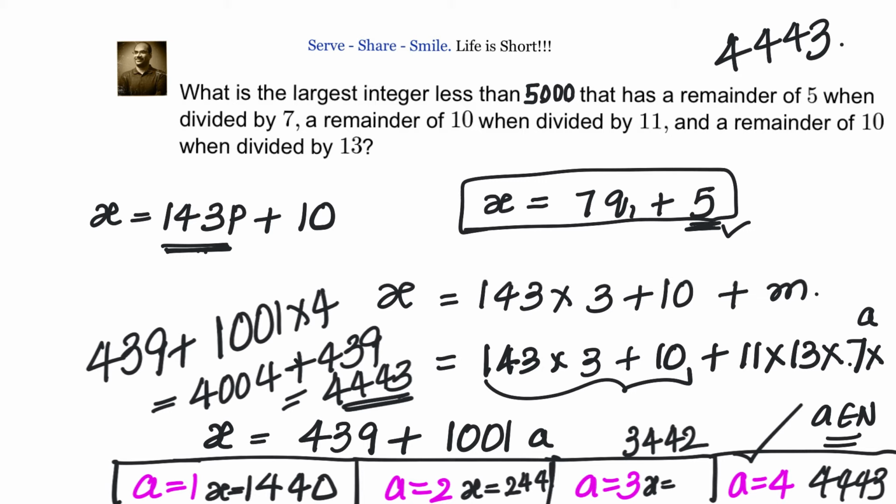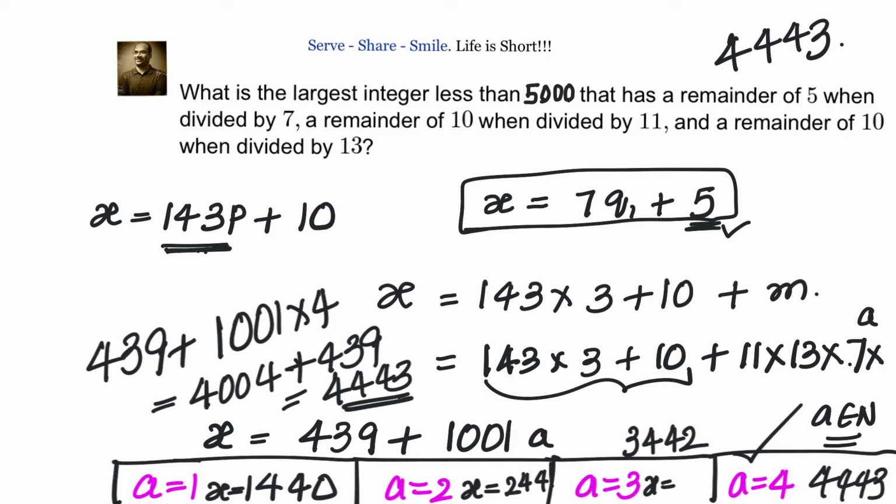Now we can write the integer, whatever we want, as x and say x equals 7q1 plus 5, x equals 11q2 plus 10, and x equals 13q3 plus 10. Now the last two conditions are suggesting that x minus 10 is a multiple of 11 and 13 both. So that means my x should be of the form 143 into some number plus 10.